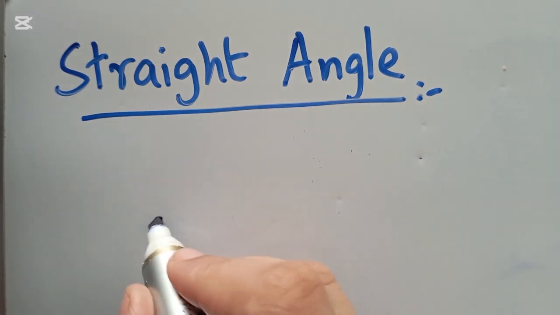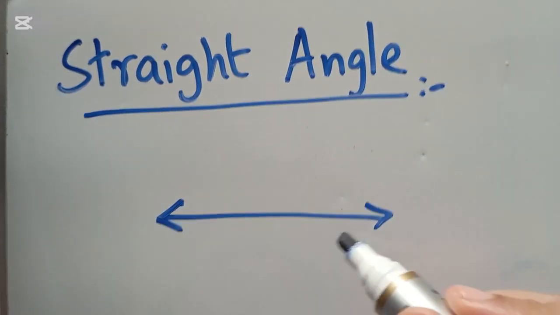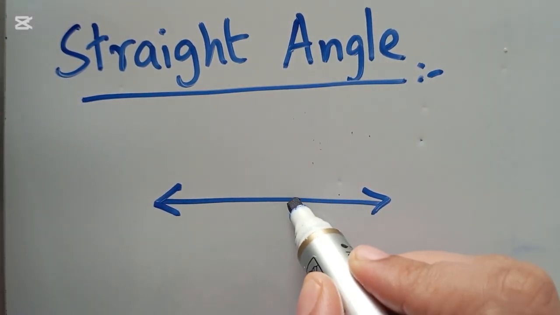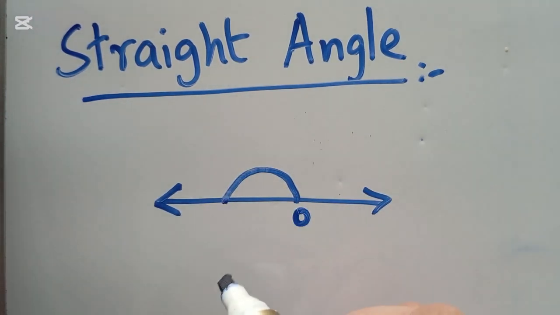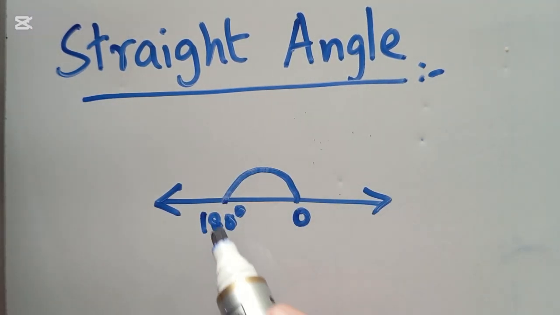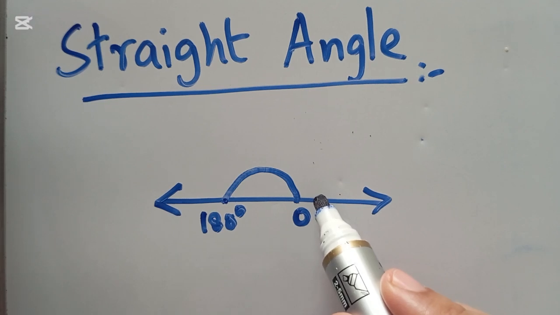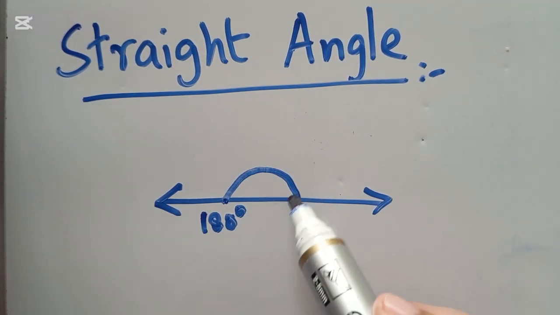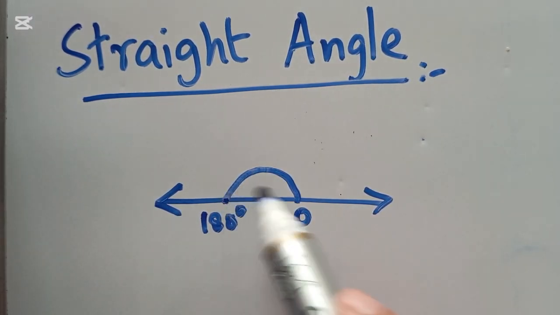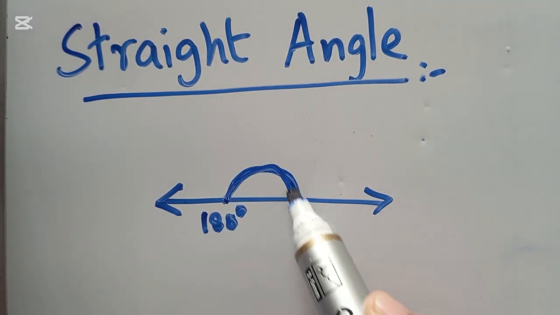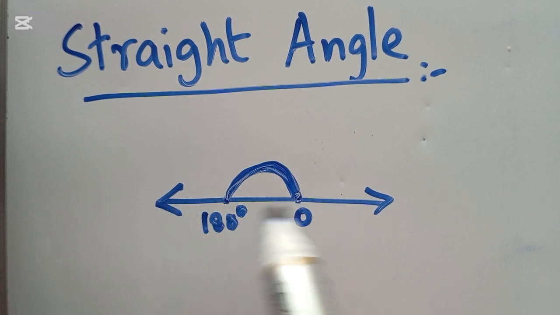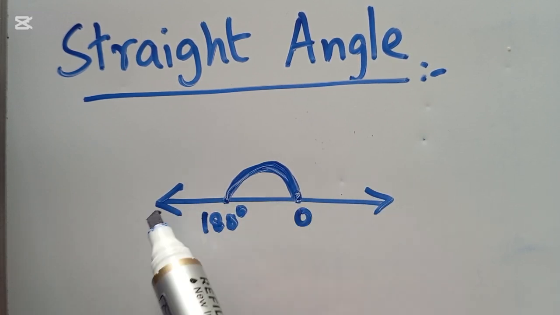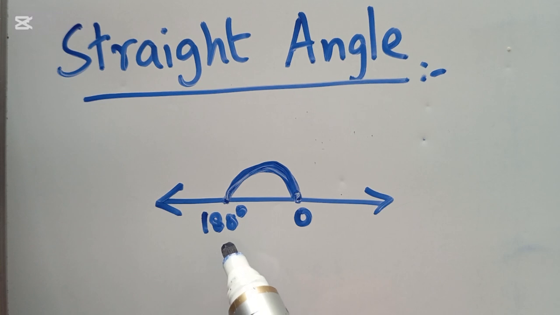On a straight line, if we move from the right side or from the left side, we always start from 0 and go up to 90 and then go up to 180 degrees. Here we have 0 and here we have 180, or it can be otherwise also, like 0 from here and 180 over here. So any angle that starts from 0 and goes up to 180, this whole half circle or semicircle, is called a straight angle because it shows a straight line, and the total angle on a straight line is 180 degrees.